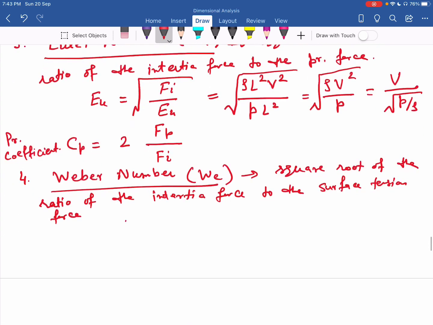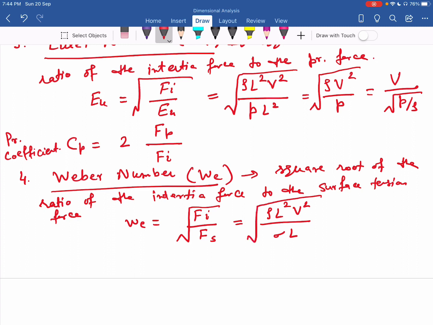So you can write We as inertia force divided by surface tension force under root. So I write it as rho L square V square upon sigma L under root. So this comes out to be rho L V square by sigma, or V divided by sigma by rho L under root. This is the Weber number.